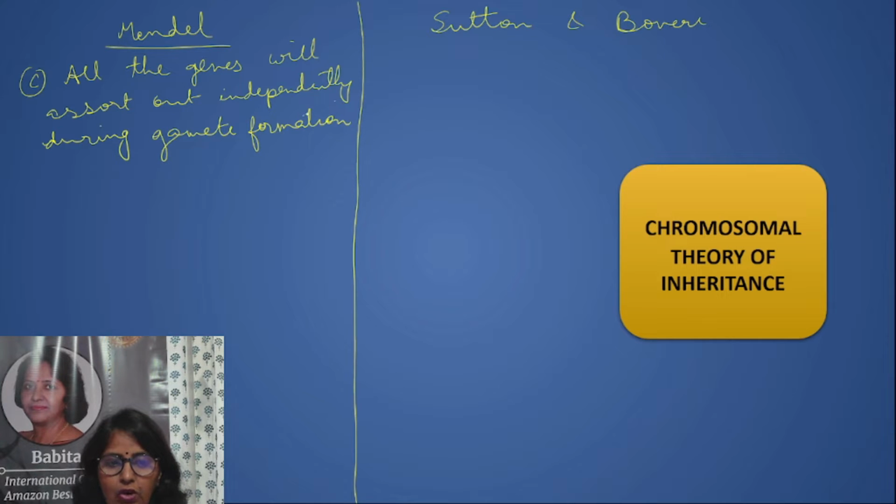This was his law in di, tri or other hybrid crosses. So, if we are considering more than one character at a time, the genes will assort out independently during gamete formation. What does he mean by this?